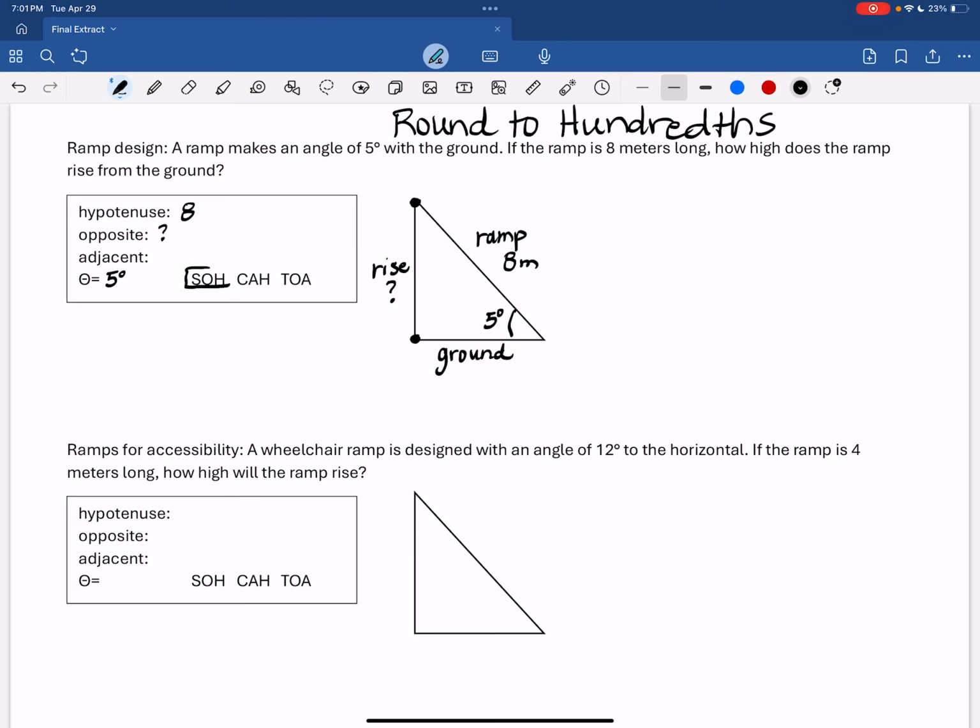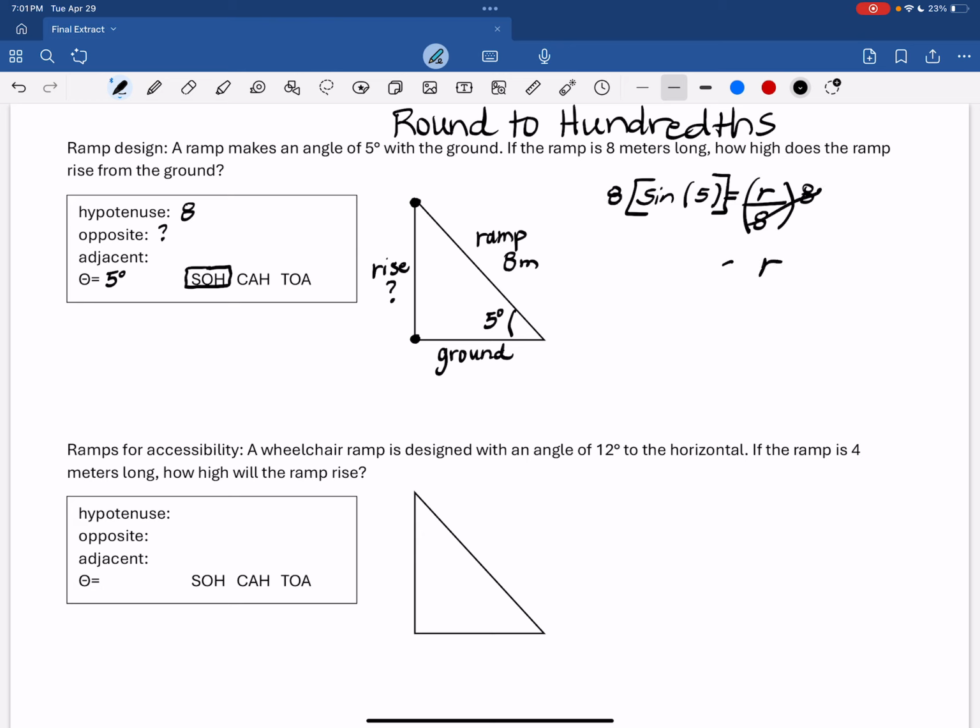So we want hypotenuse and opposite, that's the sine ratio. So the sine of 5 equals opposite, that's the rise, over hypotenuse, that's 8. These are relatively small numbers, so I would not expect a huge answer.